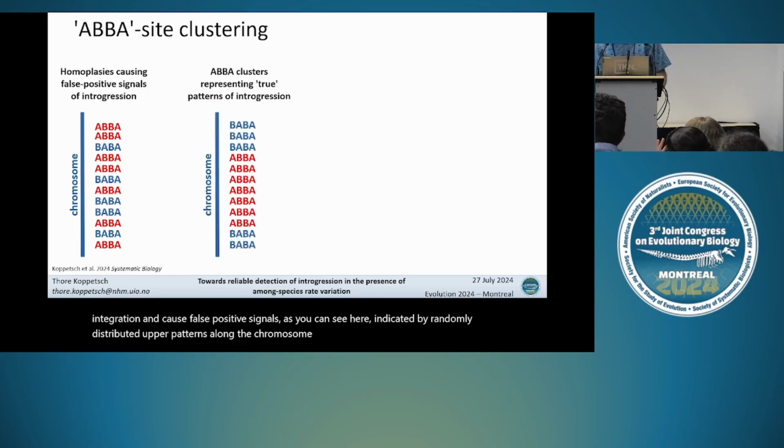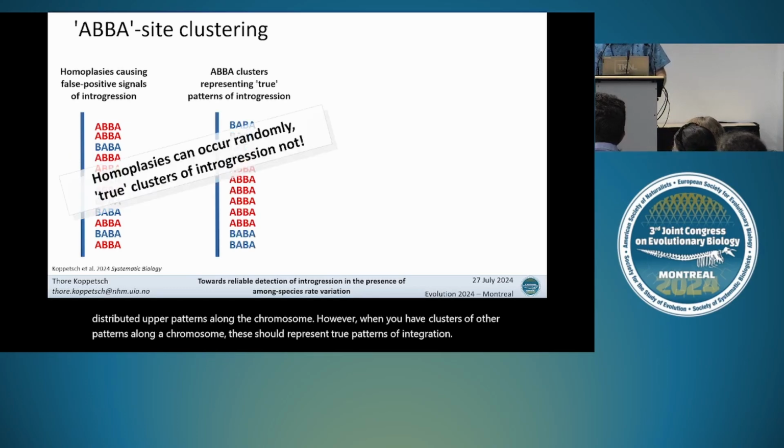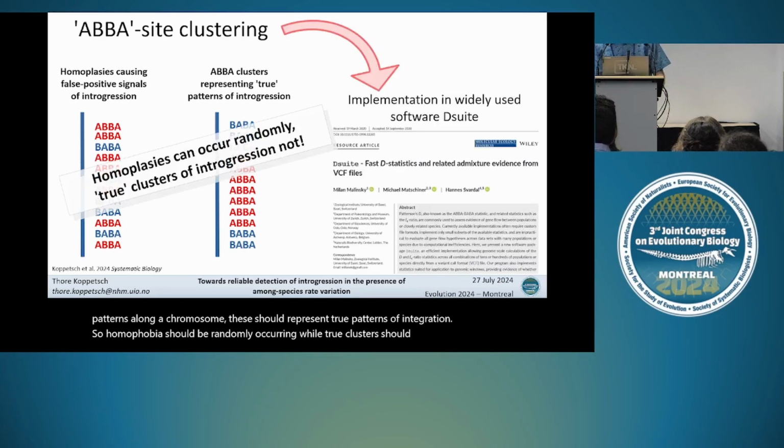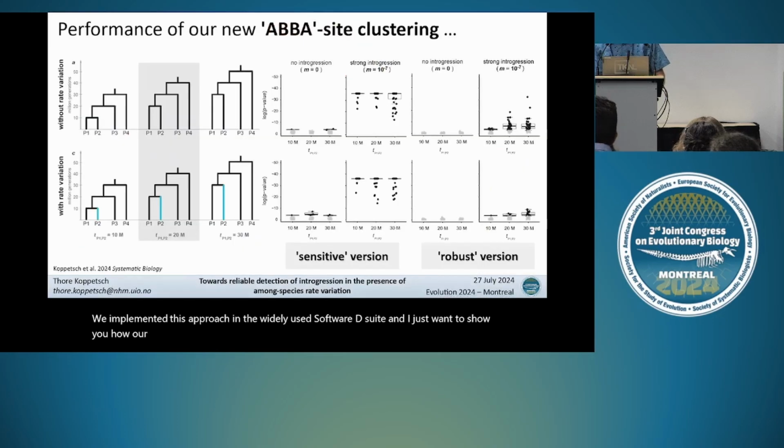However, when you have clusters of ABBA patterns along a chromosome, these should represent true patterns of introgression. So homoplasies should be randomly occurring, while true clusters should be introgression. We implemented this approach in the widely used software Dsuite, and I just want to show you how our new test was performing.